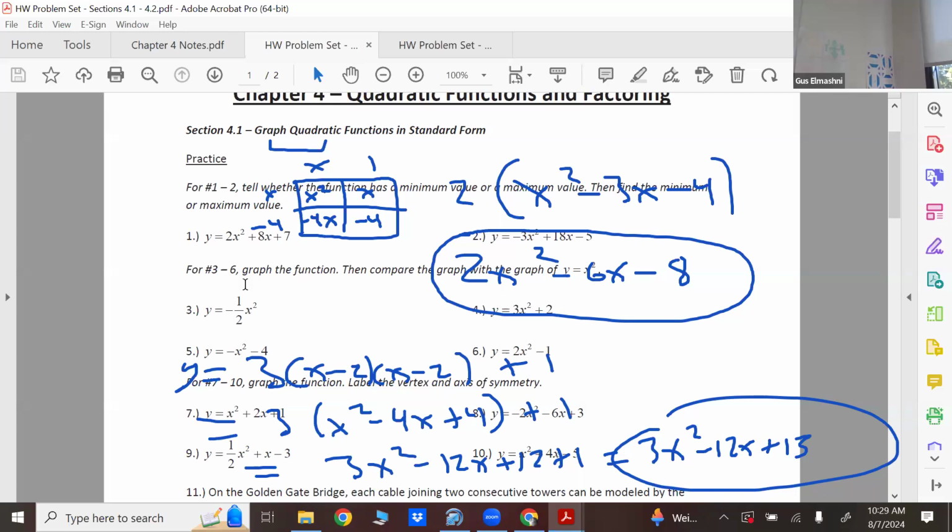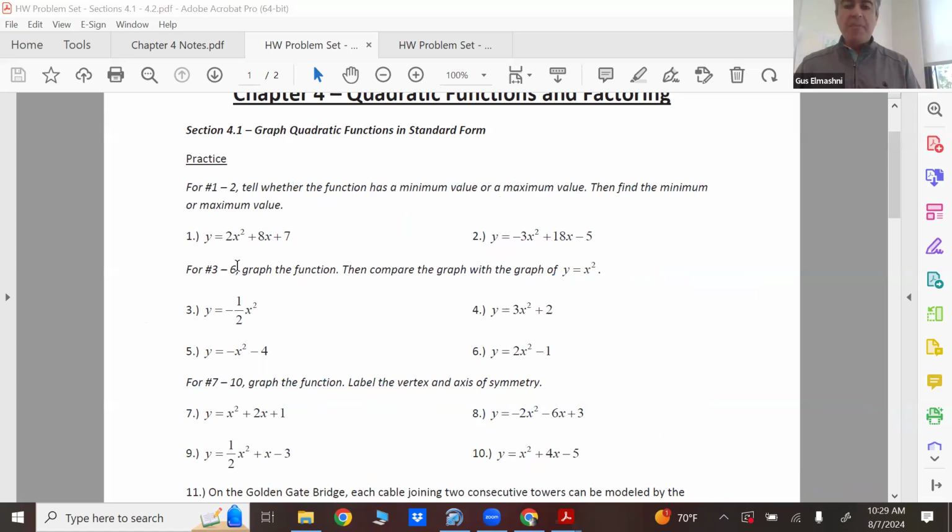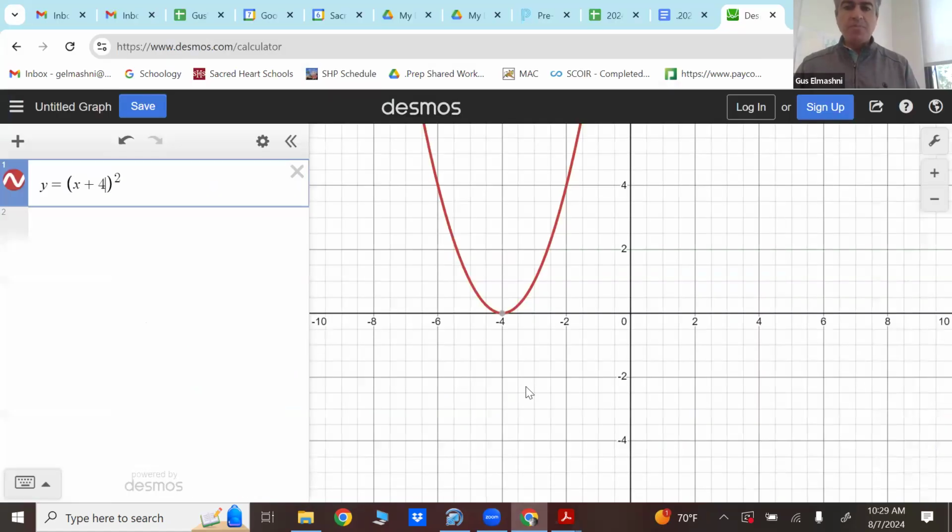That's all. So it's just 3 to 6 on the first page, and then 1 to 10. If you want to do Delta Math, go for it. Ask a question if you're stuck. I'll come by.